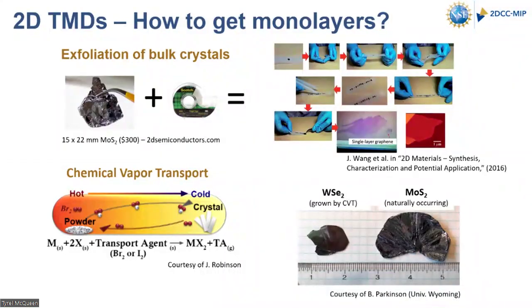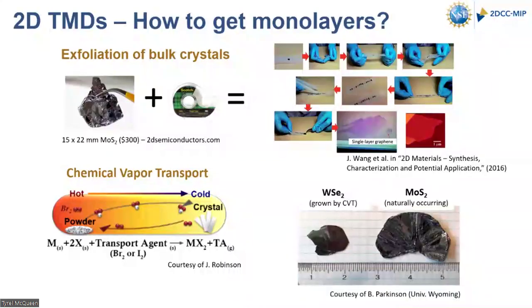But one of the problems is all of these interesting properties and these interesting applications occur in a single monolayer, right? So how do we make single monolayers? The technique that is still the most commonly used method is to exfoliate a bulk crystal. So you start off with a bulk crystal of something like molybdenum disulfide, and then you use an adhesive.